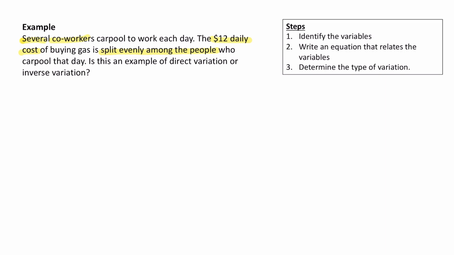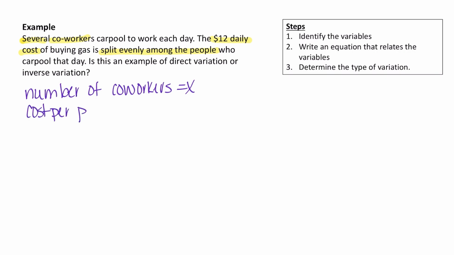Okay, so let's start off by identifying our variables. So we could say that the number of coworkers, let's call that x, and then how much it costs each person, right? So cost per person would be y. So if we were going to write an equation to figure this out, each person is going to pay y.